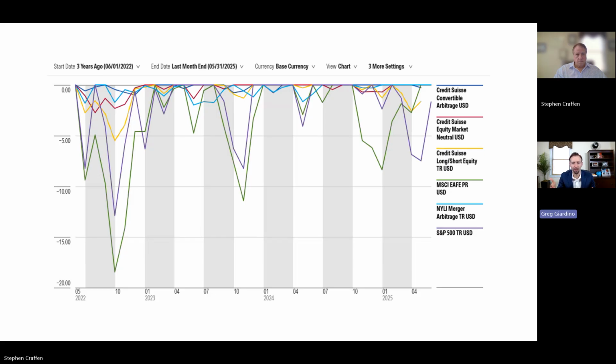You could see here in green and purple, that's going to be the S&P 500, as well as in green, the international index. So once again, just showing on the downside capture, this is what you want. You want there to be less losses so that you have more gains to recover and quicker gains to recover.